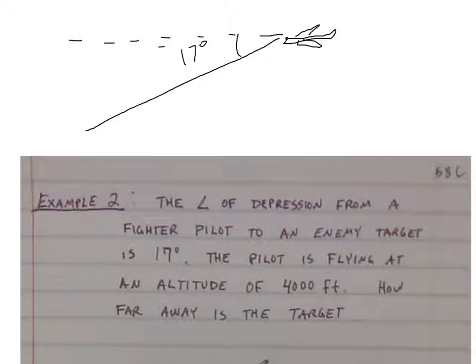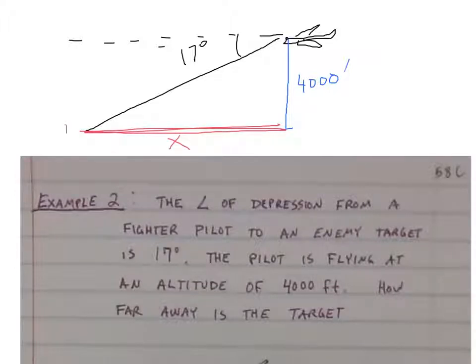And the other piece of information they give us is that he's 4,000 feet above ground. His altitude is 4,000 feet. So what we're looking for is the distance to the enemy target. Maybe it's a house. All right. So this is the rough diagram based on the example.